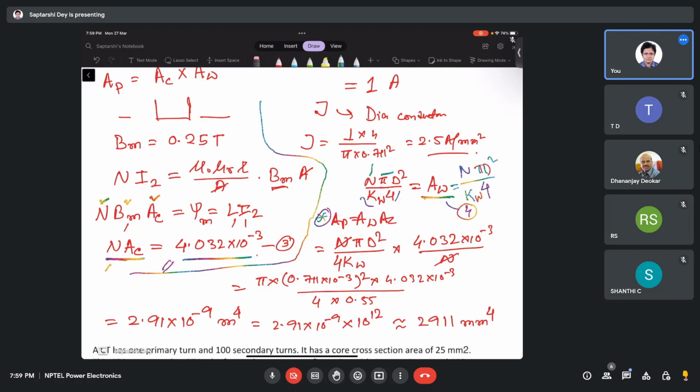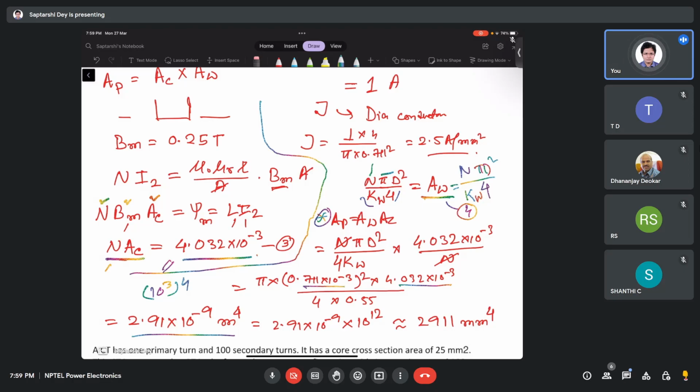Whatever is left we know the values of all of them, so we could find it out. Since I put everything in meter, in SI units, what we got at the last is meter to the power 4. Now since 1000 millimeter gives you 1 meter, it's 10 cube times 4, so 10 to the power 12, if you multiply you get the same thing in millimeter to the power 4 units.